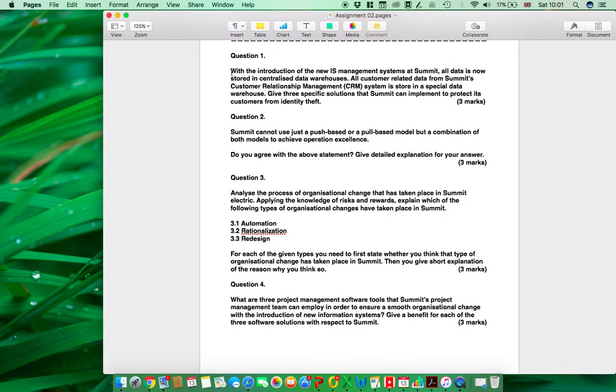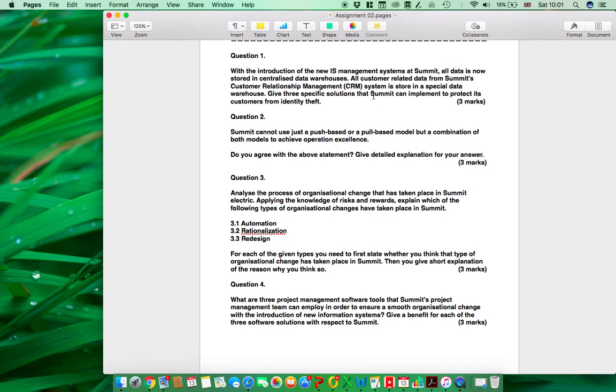Now, the first question speaks about identity theft and what the solutions are that Summit can implement to protect its customers from identity theft. So the best way to resolve this is first to find out the points of weakness in the system. For example, where can thieves of identity get hold of the information from?